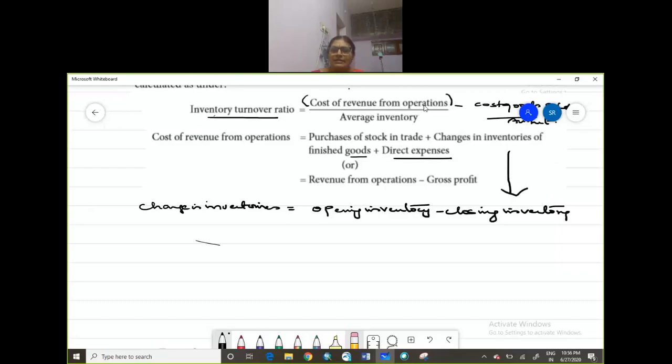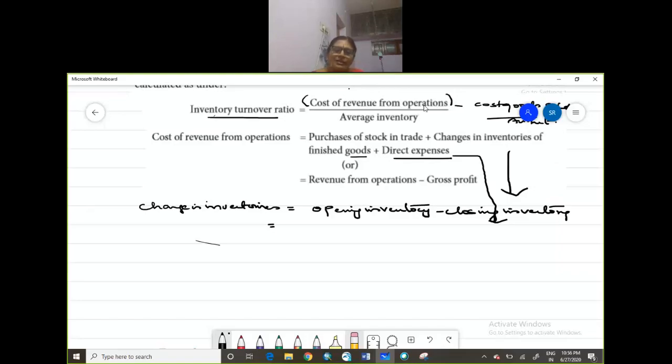Now what are direct expenses? Direct expenses are those expenses incurred in the factory while you convert the raw materials into finished goods. These are expenses which come in your trading account, before you calculate your gross profit.